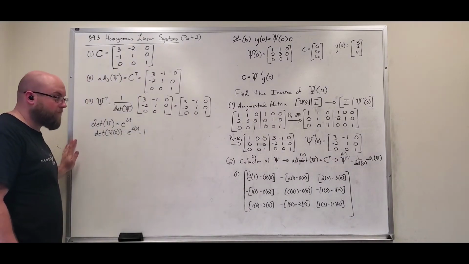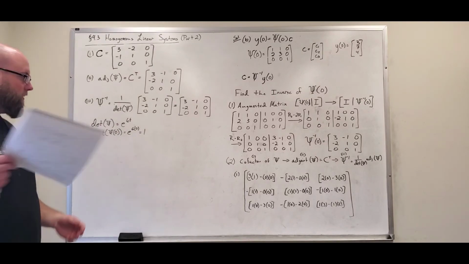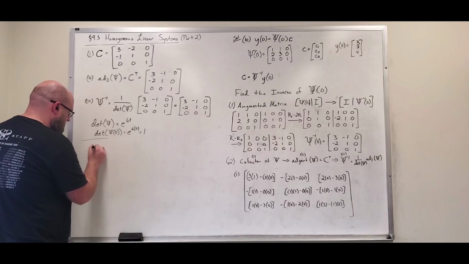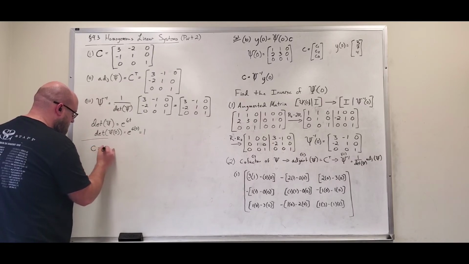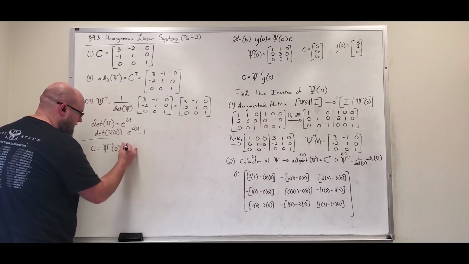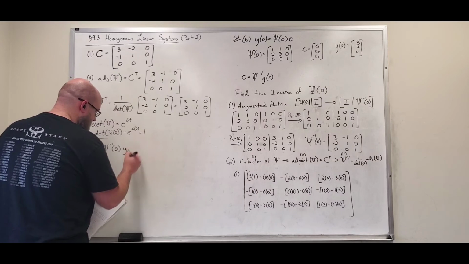Okay, so let's actually finish this one up. We have C is equal to psi inverse of 0 times y sub 0, the initial values.